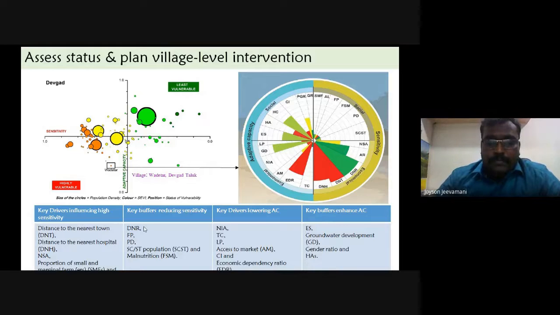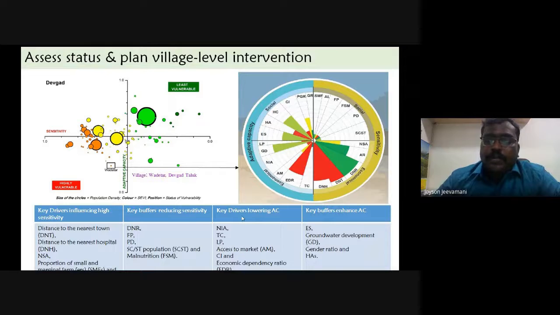And the buffers for reducing sensitivity are some good characteristics they have, which reduce the vulnerability. For example, in most areas population density is very low, the SC/ST population is very low, and malnutrition is very low. These are indicators which reduce the sensitivity.